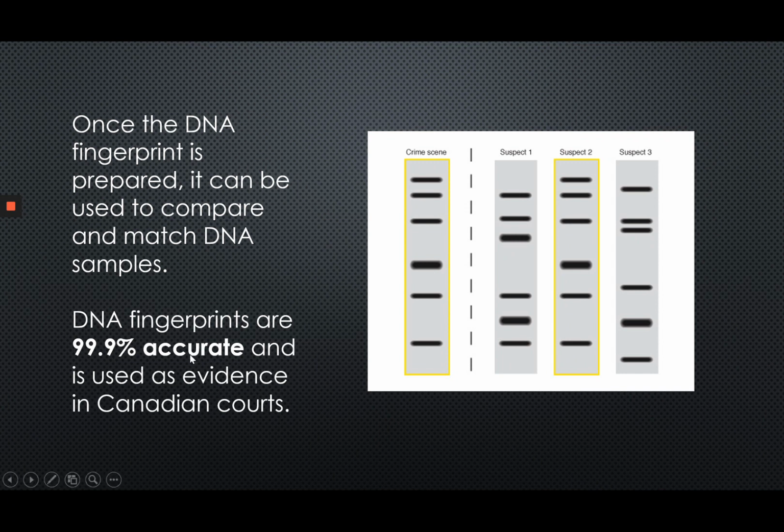But because they're so accurate, even the courts of Canada accept DNA evidence, and usually if you have DNA evidence, that pretty much says that a person or a suspect was present at the scene of a crime. But just because you place a person at the scene of the crime doesn't mean that person has committed a crime. That's still for the courts to decide and for the lawyers to argue over.